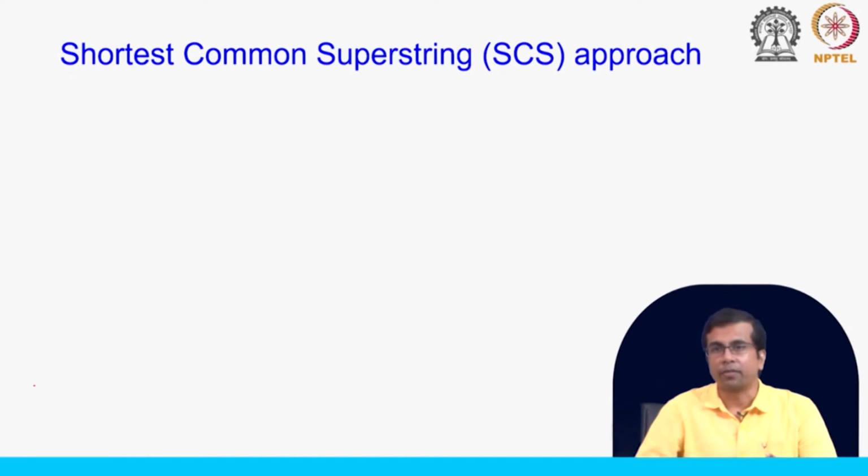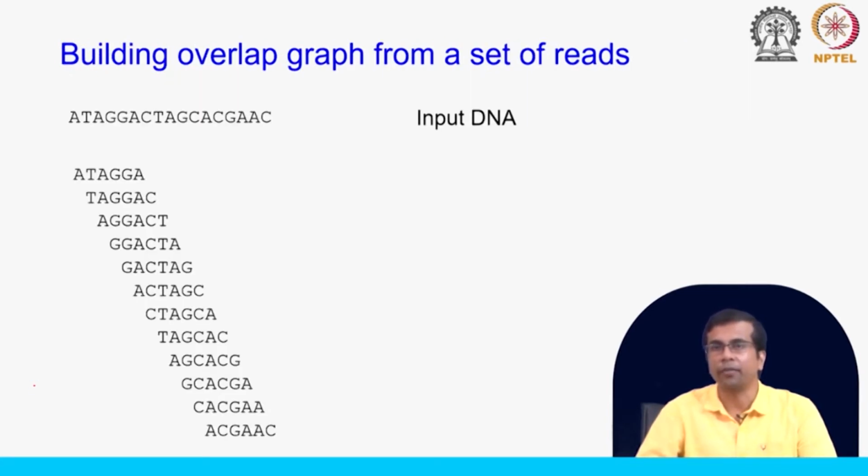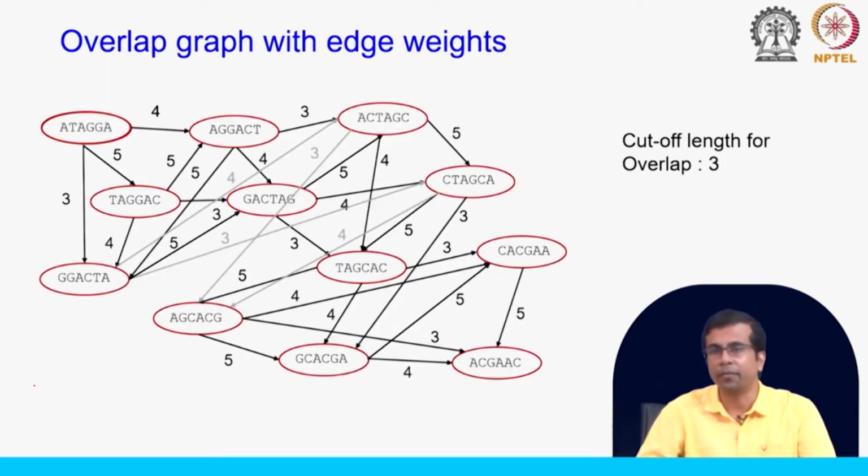Just to briefly summarize what we have discussed: we have the shortest common superstring approach. We built the overlap graph from a set of reads with a very simple example, and you have seen that the graph can be very complex even with a very small number of reads.